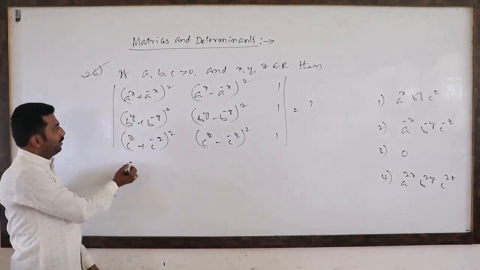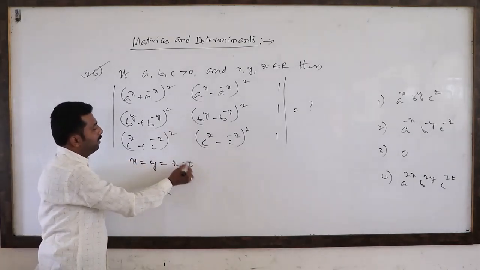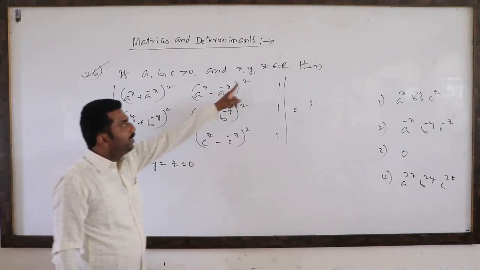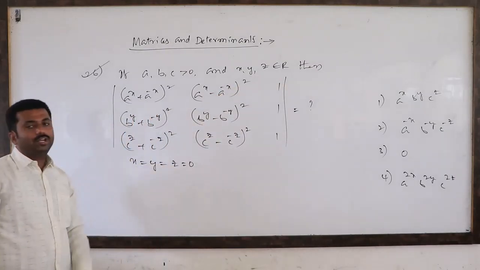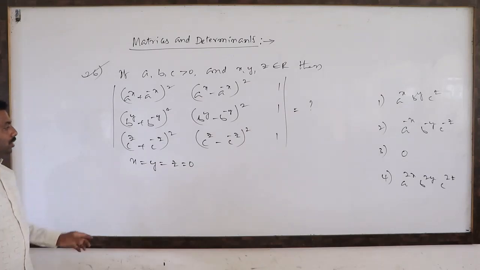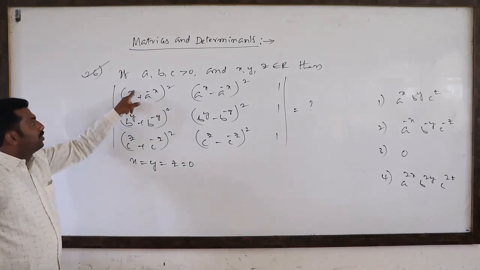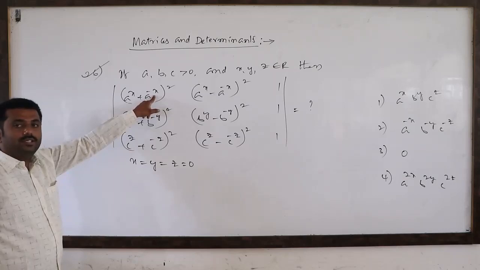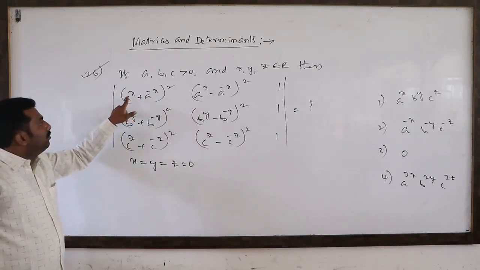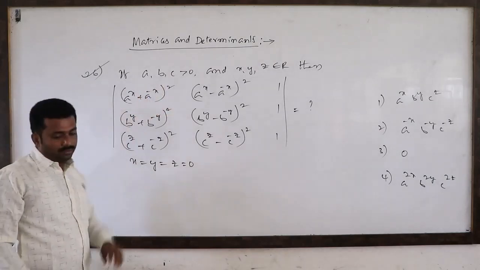If I take X, Y, Z as 0, because X, Y, Z are any real numbers, so 0, 0, 0 I am taking. 1, 1 also you can take, no problem. So X value 0 means a power 0 is 1. This is a power 1 by a power x, means this is 1. This is 2 means 4 its value.